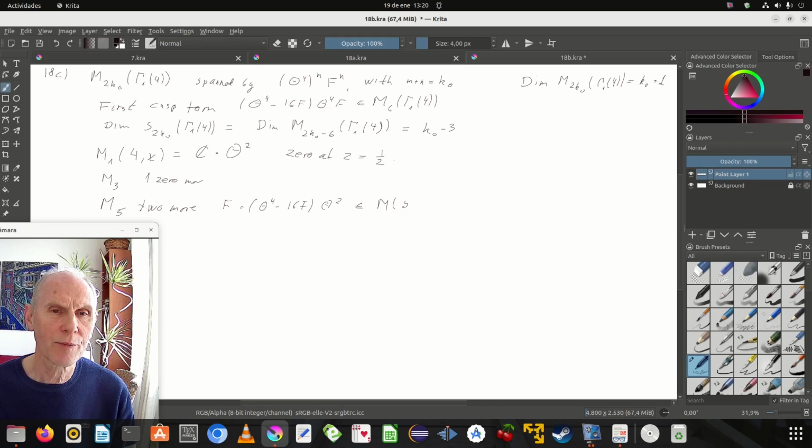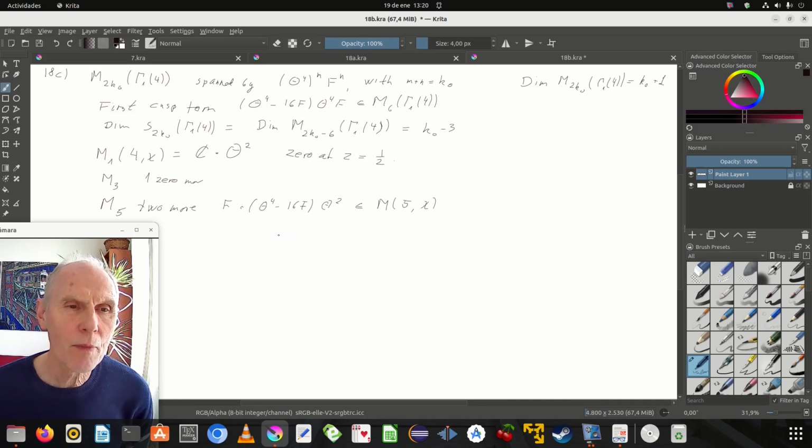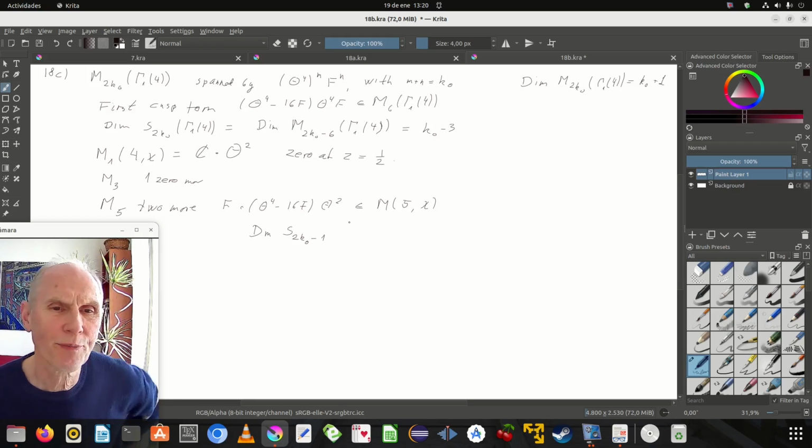So it's in M phi of chi. So that's the least, the cusp with the least zeros we can have. So we can use the same dimension of S 2k0 minus 1. Does that make sense? We'll see.